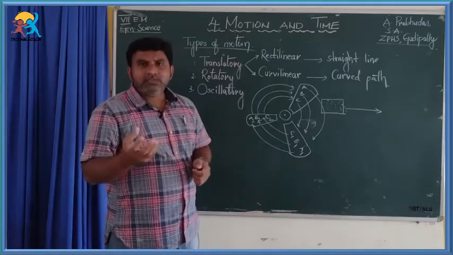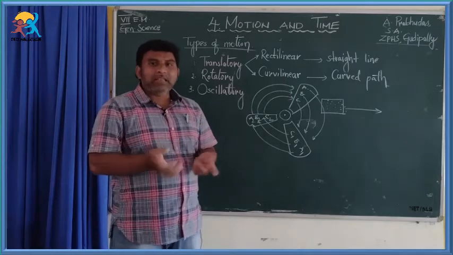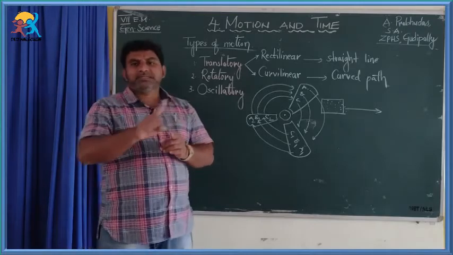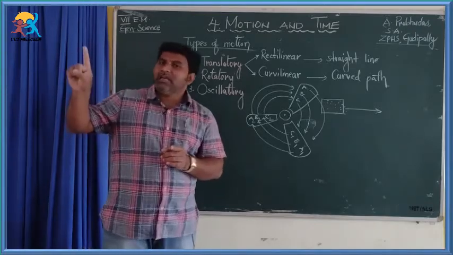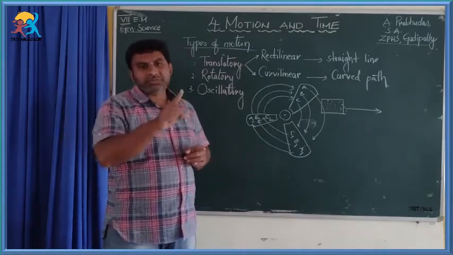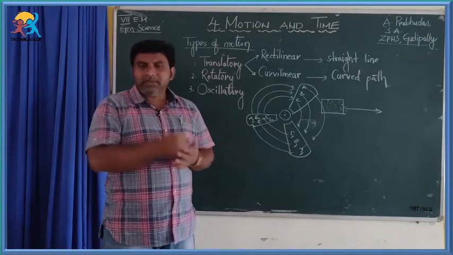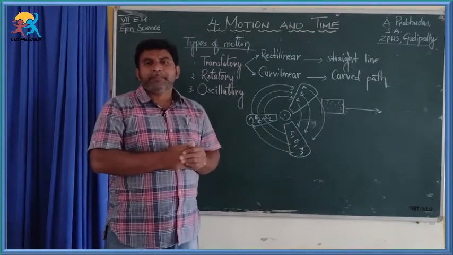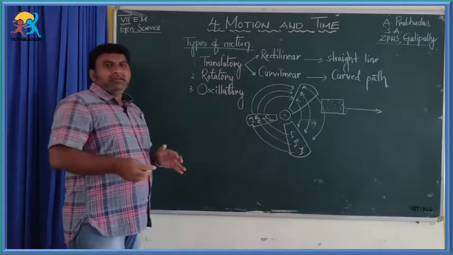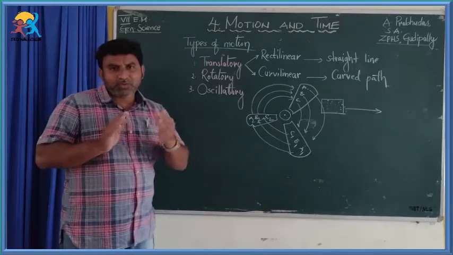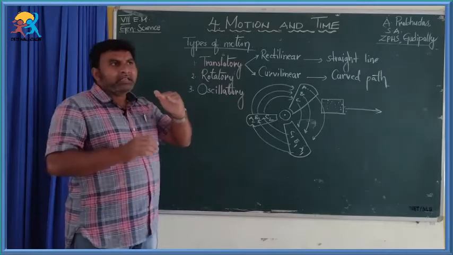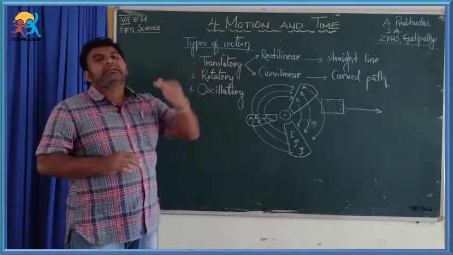Then children, you might have seen wall clocks in which a pendulum keeps moving to the left and right directions continuously. So, such type of motion is called oscillatory motion.